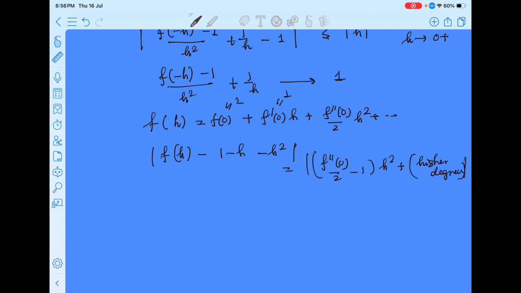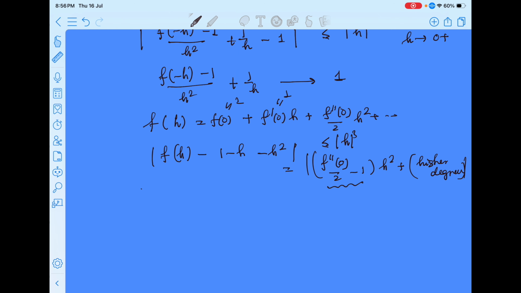This mod is less than or equal to h cube. So as this mod is less than or equal to h cube, the first coefficient has to be 0.